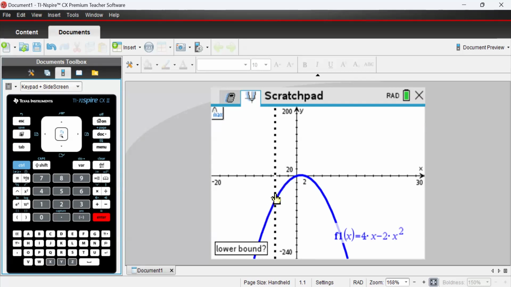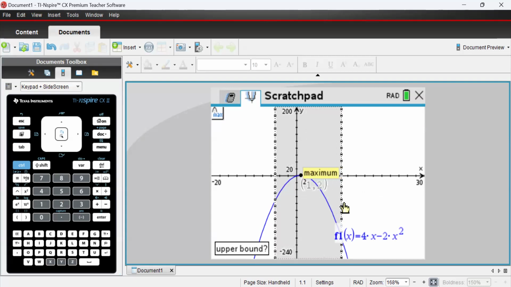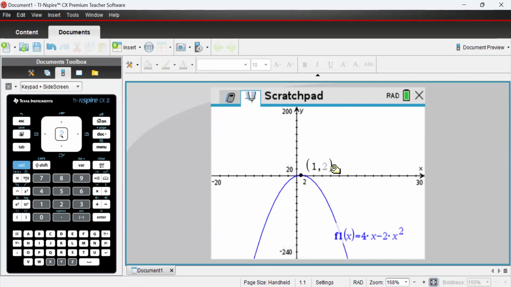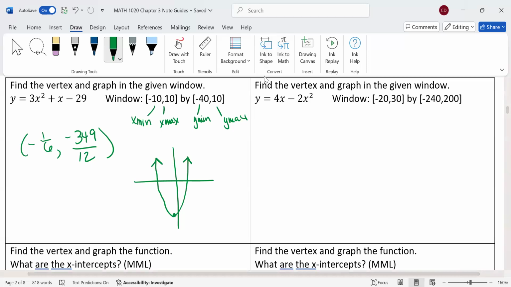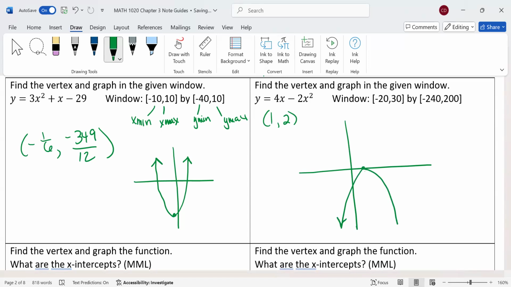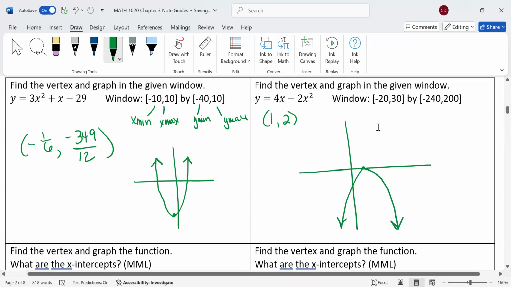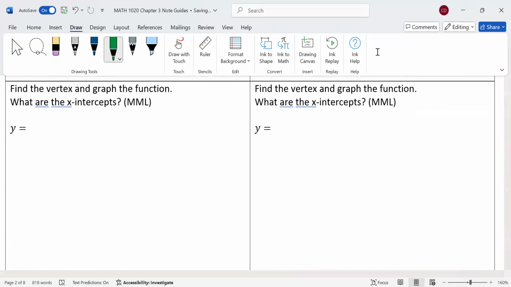Left bounds anywhere to the left. So you click or hit enter and then just use your mouse pad and pull it over. So you see the vertex is at 1, 2.